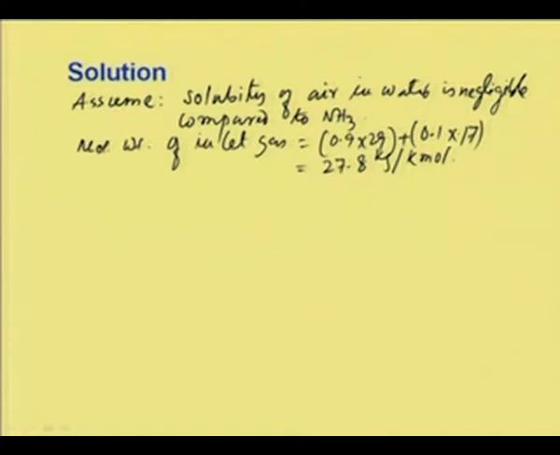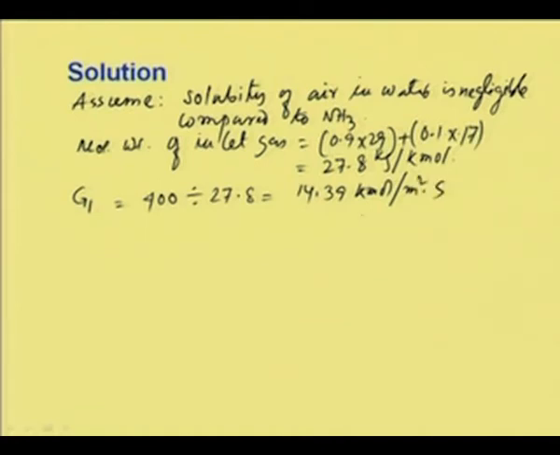Now, the gas flow rate G 1 would be 400 divided by the average molecular weight of the gas, 27.8, which is equal to 14.39 kmol per meter square second.